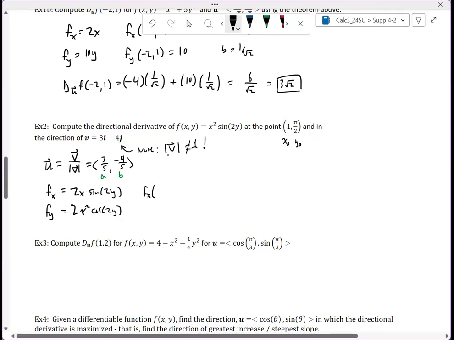So fx at 1 comma pi over 2, well, that's 2 times 1 times sine of 2 times pi over 2, which is just sine of pi, which is 0.